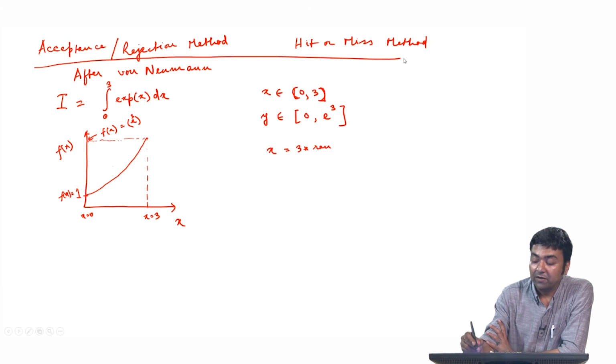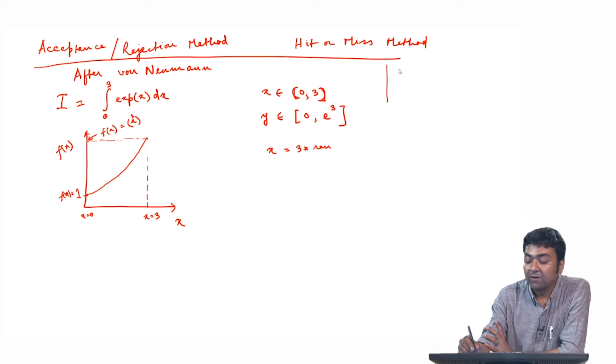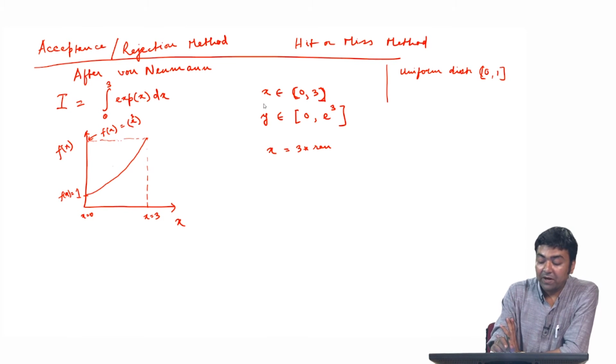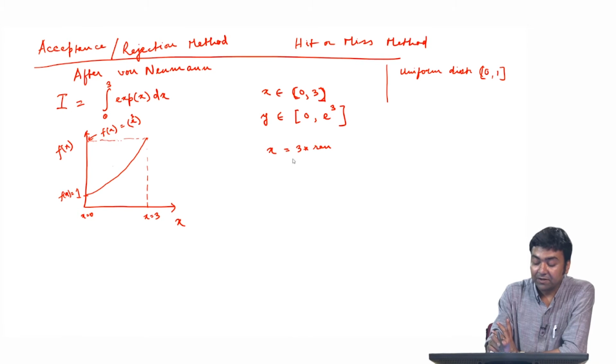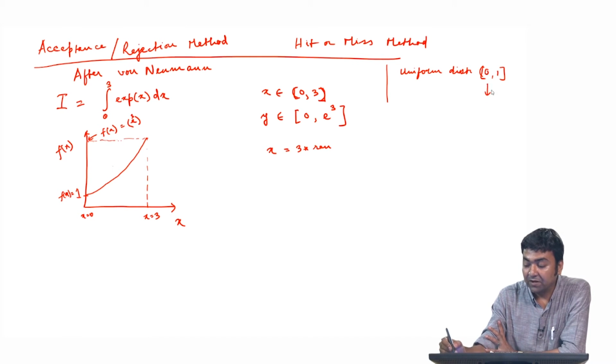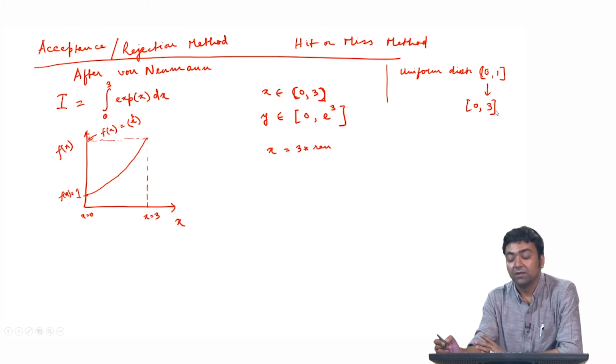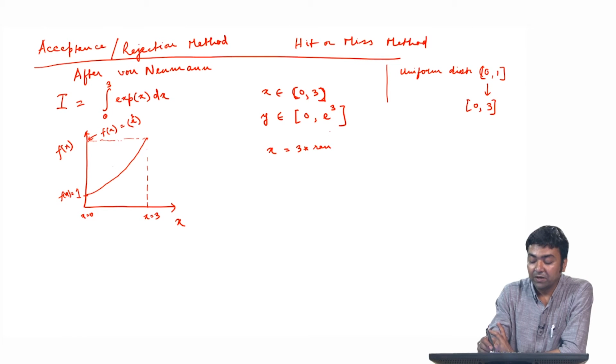Remember, my Fortran random number generator returns a uniform distribution of random numbers between 0 and 1. For my x, I need to scale this distribution to a set of random numbers which spans from 0 to 3, so the way to do it is 3 times this random number.